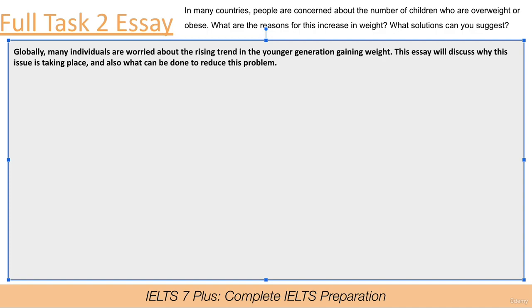Okay, so the first part is a few different reasons here. The first reason we're going to talk about is the sedentary lifestyle, and this idea that kids are using technology now, and they're not playing outside anymore, perhaps so much.